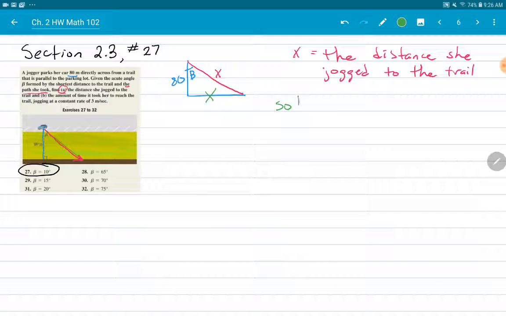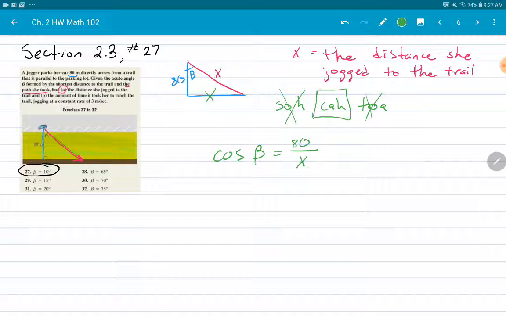So when I look at SOH CAH TOA, anything with the O, the opposite, I'm not going to use those. That leaves me with cosine, and cosine of beta is the adjacent leg, which is that 80, over the hypotenuse, which is x. And remember, we're solving for x.